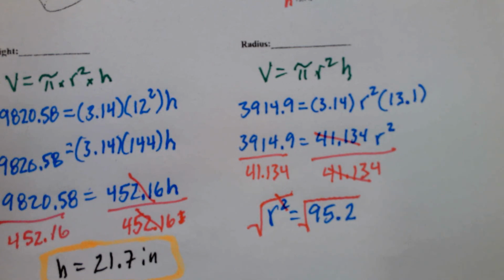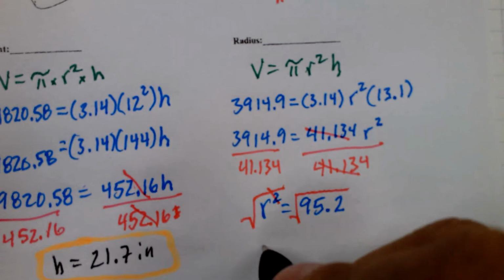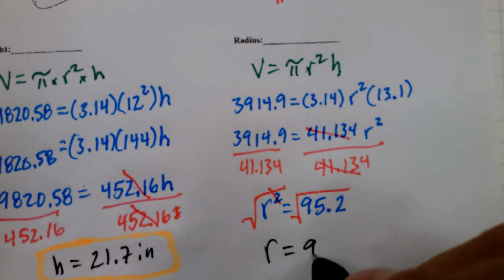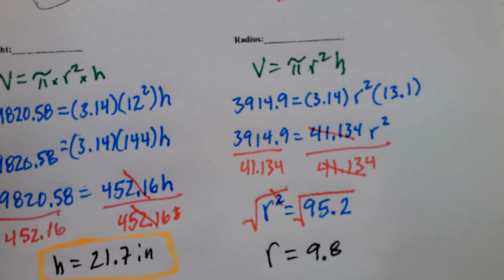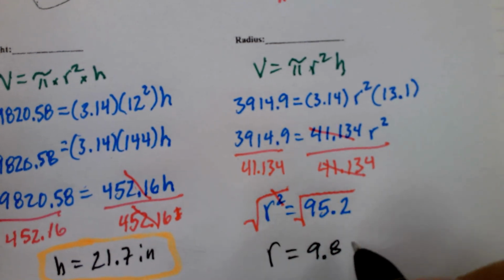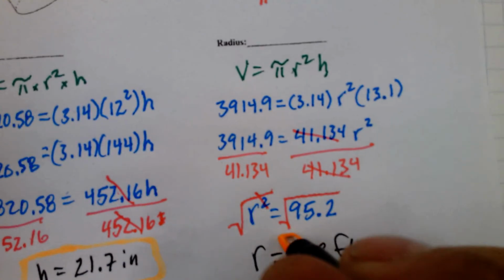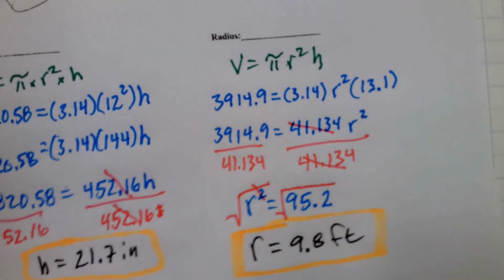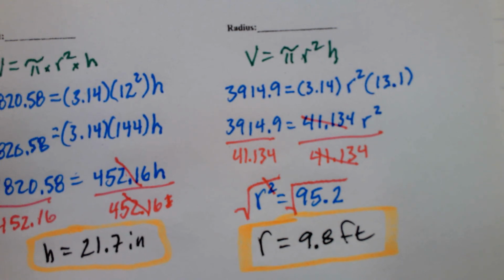So the radius is about 9.8, and the units are feet. So the radius is 9.8 feet. All right, so this is what we're doing on IXL.